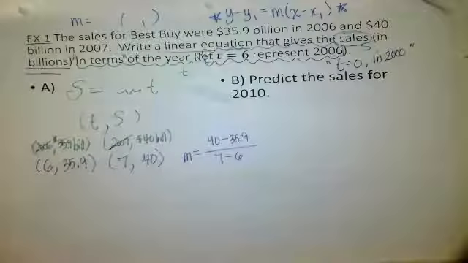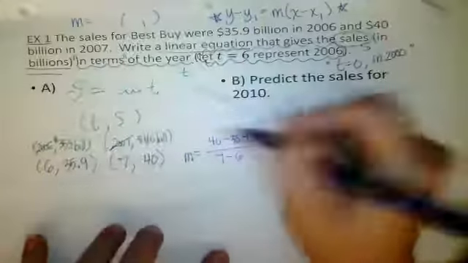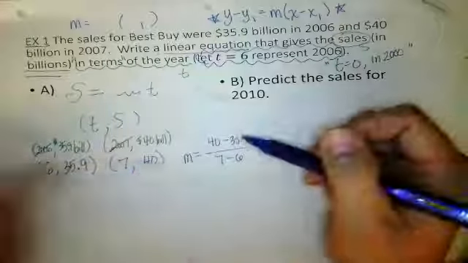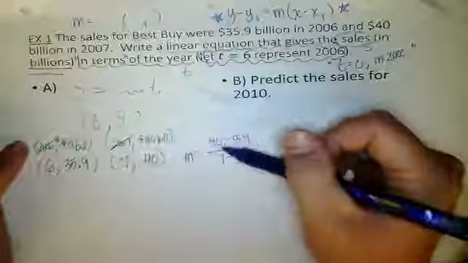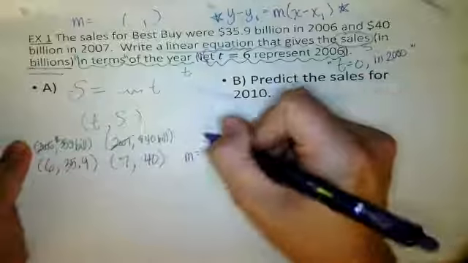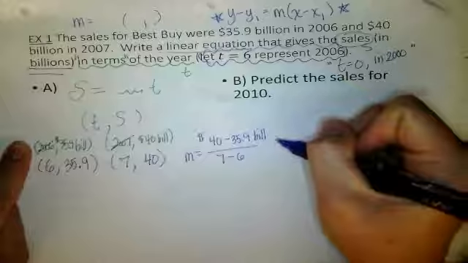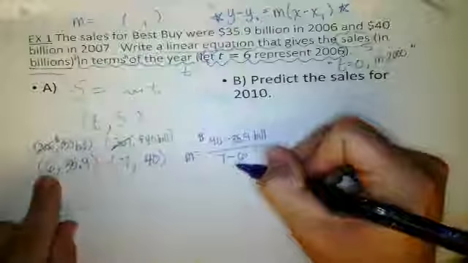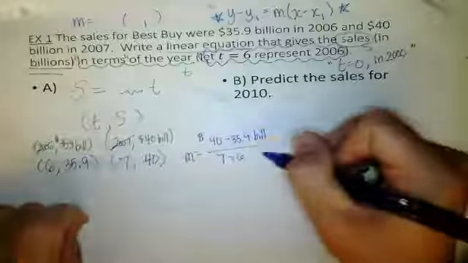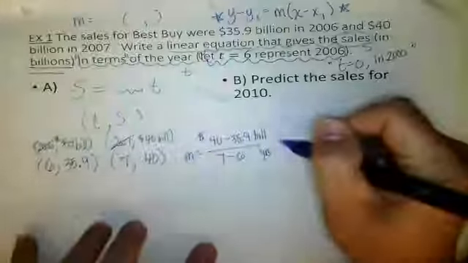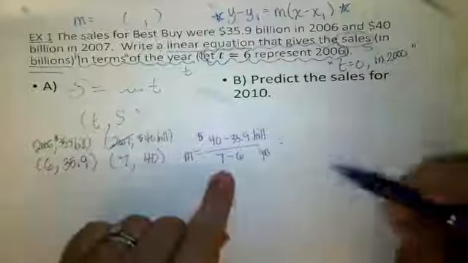Your first couple of problems talk about slope, okay? What is the meaning of slope? Well, when we calculate a slope just on numbers, it's kind of meaningless. But when we're doing a real application, the 40 and the 35.9 represent billions of dollars, and the 7 minus 6 really represents the year, over 1 year. And so when we calculate the slope, what do we get?